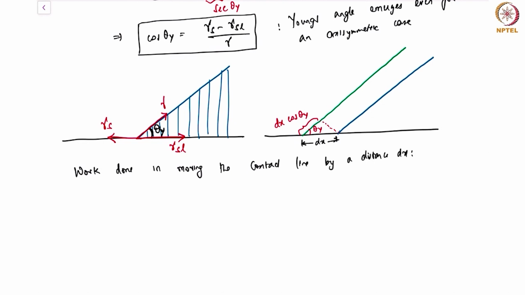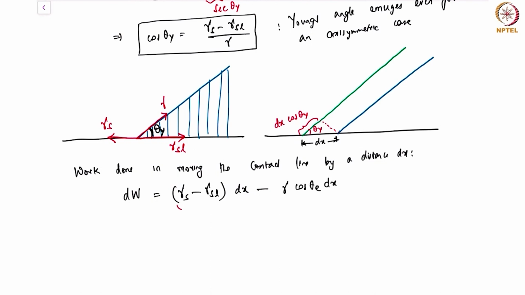If you want to write down this work done, we say this is simply dW is gamma solid minus gamma solid liquid times dx, minus gamma cosine theta e d x.